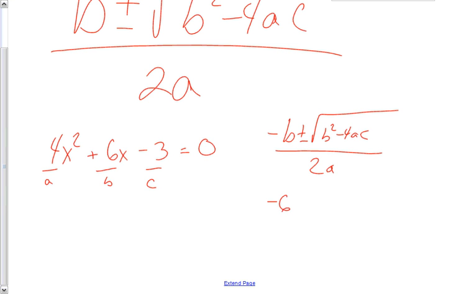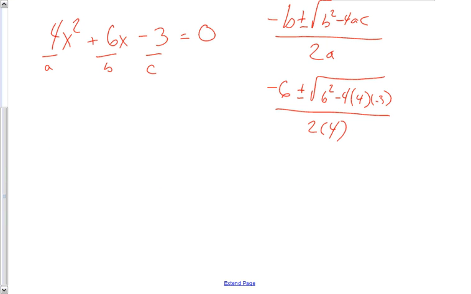Negative 6 plus minus the square root of 6 squared minus 4 times 4 times negative 3, all over 2 times 4. So, made some big numbers. That's okay.